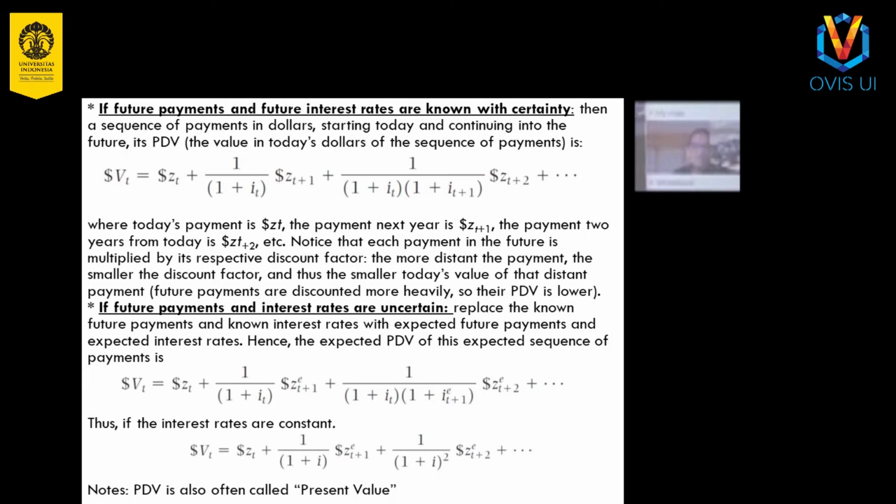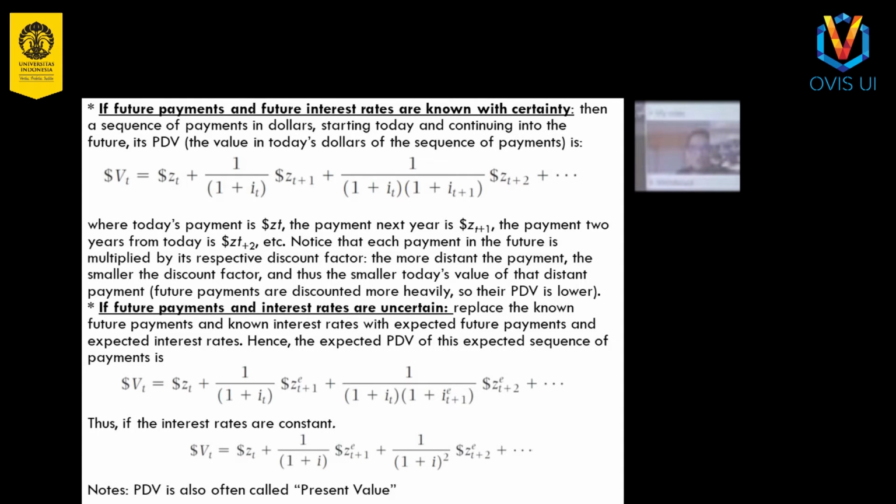That is essentially the concept of PDV, present discounted value. That is the case if you know exactly what the future interest rate will be and what payment you will receive every year. So next year you receive this amount, the following year you receive this amount as well.